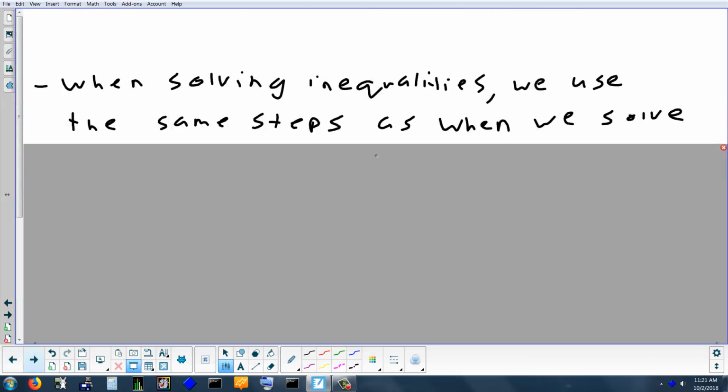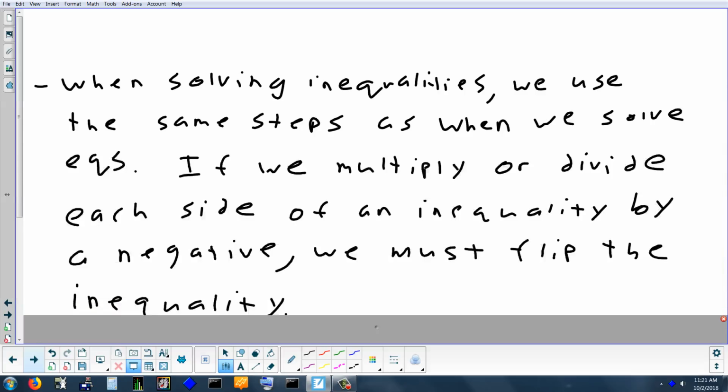Okay, when we're solving an inequality, it's pretty much exactly the same steps as when you're solving an equation. But there's one thing you have to be careful about. Does anyone remember the one thing you're going to be careful about when you're working with inequalities? If you divide by a negative, you have to flip the sign, or if you multiply by a negative.